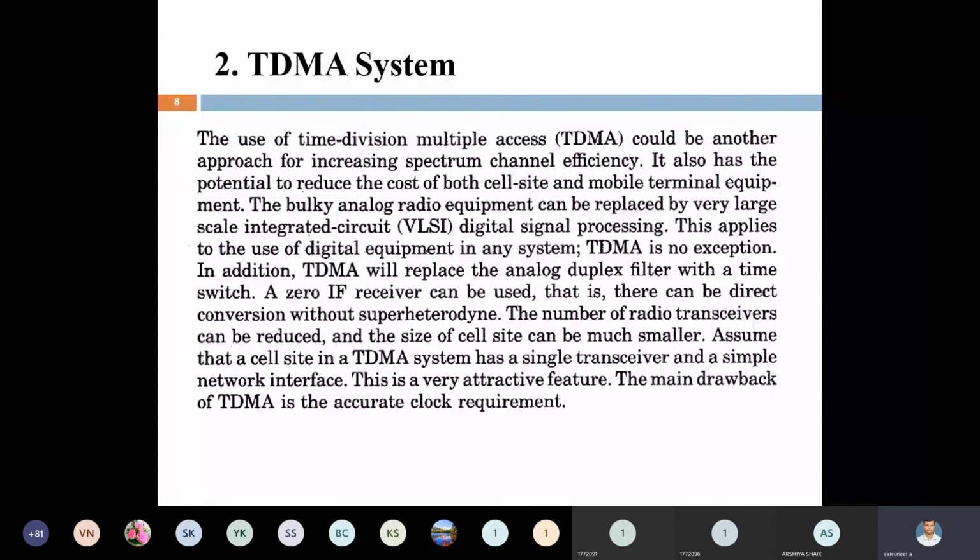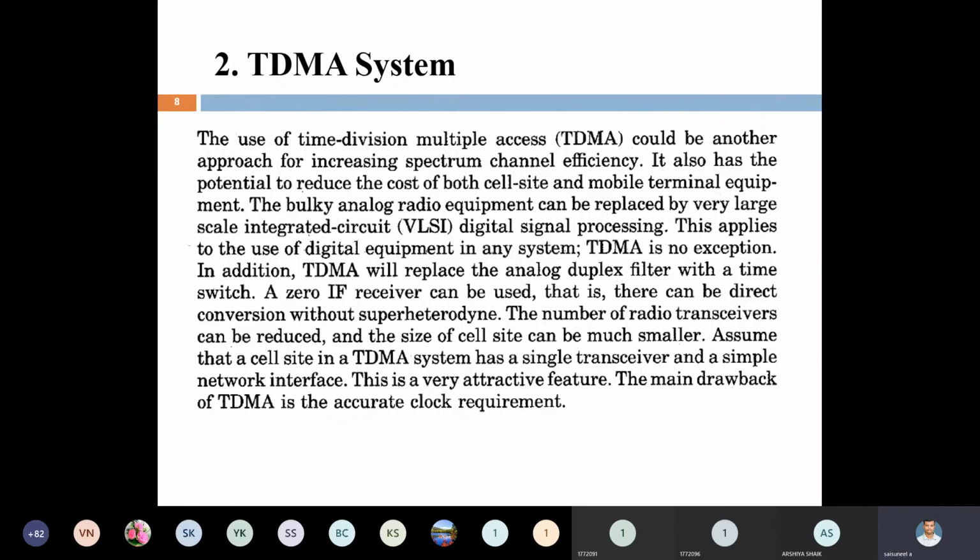Why are you going for the time division multiple access system? In the time division multiple access system, the spectrum efficiency can be increased. Why? The same channel can be utilized by a number of customers for different time slots. In a TDMA system, the analog radio equipment can be replaced by VLSI digital signal processing.